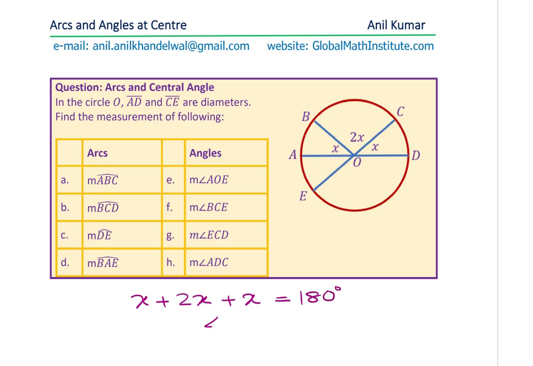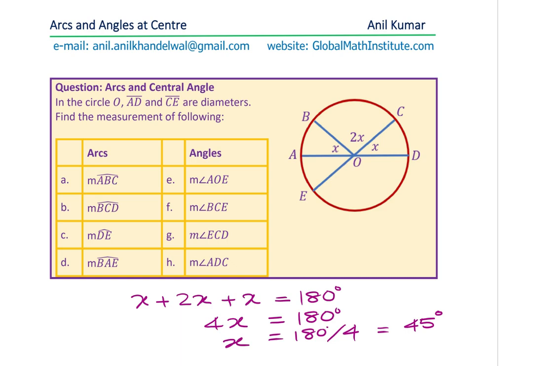So we have 4x equals 180 degrees, and that gives you the value of x as 180 degrees divided by 4, and that is equal to 45 degrees. Half is 90 and half of that is 45. Now we know the value of x is 45 degrees, and now it's easier for us to find all the angles, correct? So I think that should be sufficient.